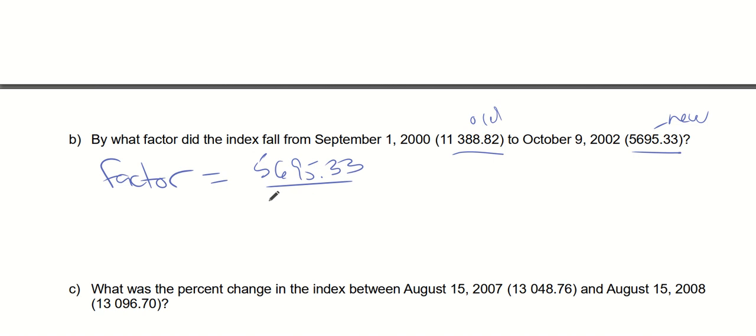And the old is 11388.82. And that is going to give us a small number, 0.5. So it actually falls by a factor of 0.5. So if you multiply the second number by this, it will give you the first number.